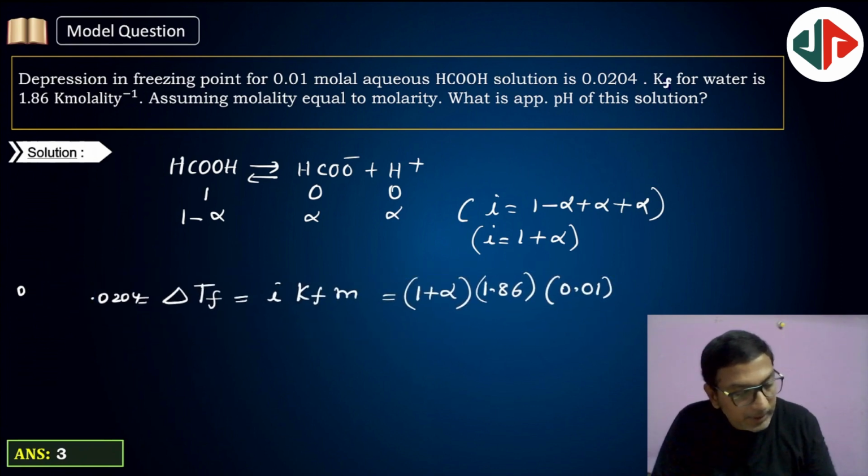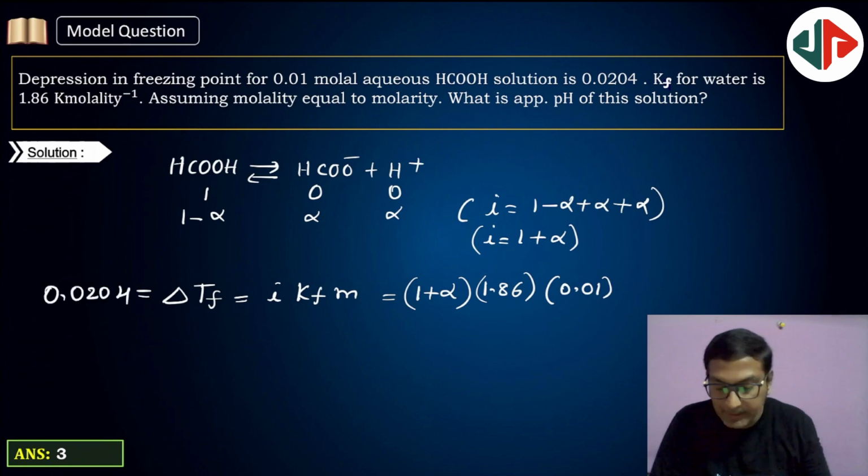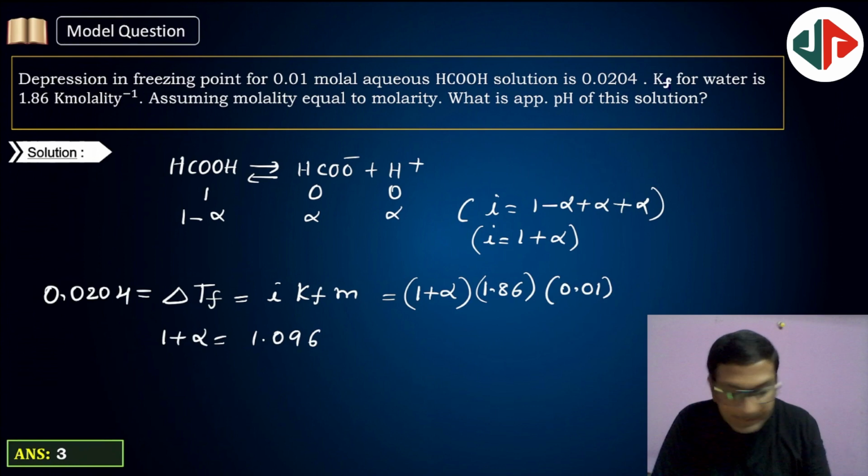So very important model. Delta Tf is the depression in freezing point, 0.0204 is given. So from this 1 plus alpha equal to 1.096. So that is alpha is 0.096.